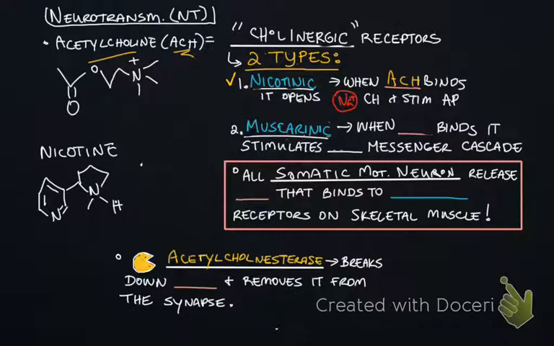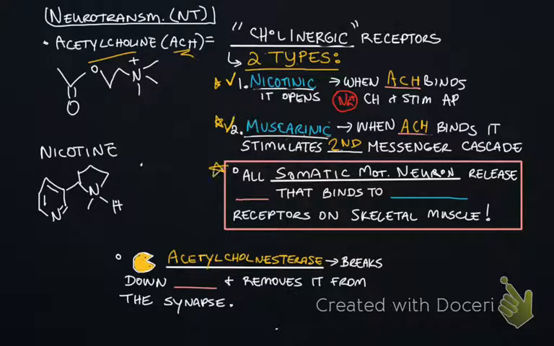When acetylcholine binds to muscarinic receptors, instead of sodium, it stimulates a second messenger cascade within the cell, or within the effector. Make sure that you know the difference between those two for sure. Put your stars by those.